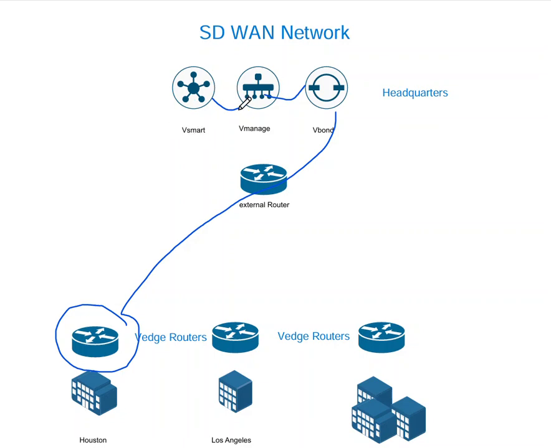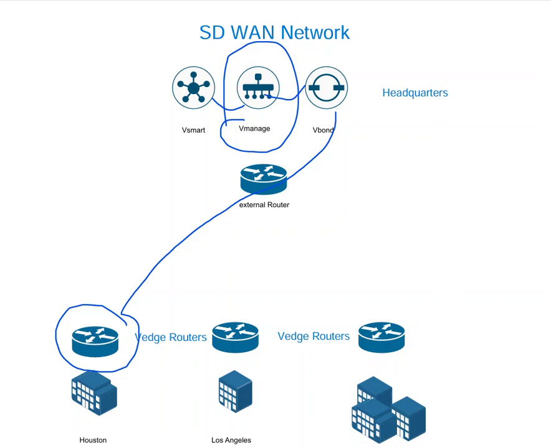The vManage is the centralized screen, the control room of my SD-WAN network. This is where the network administrator, through this device right here, observes and monitors every activity in this network.